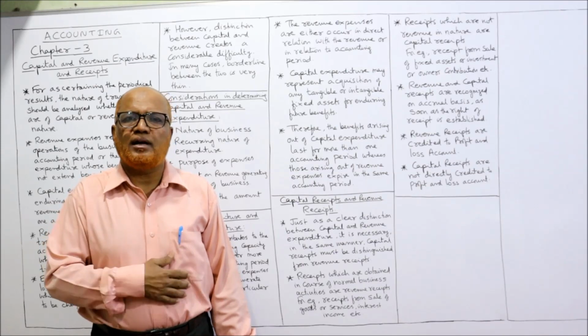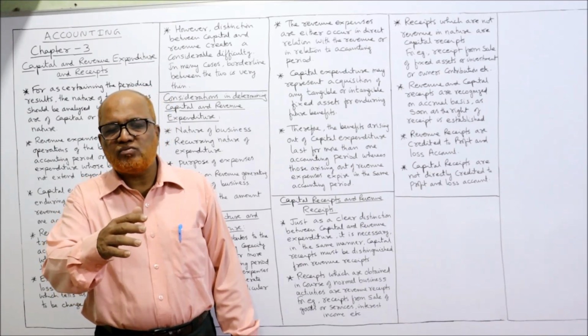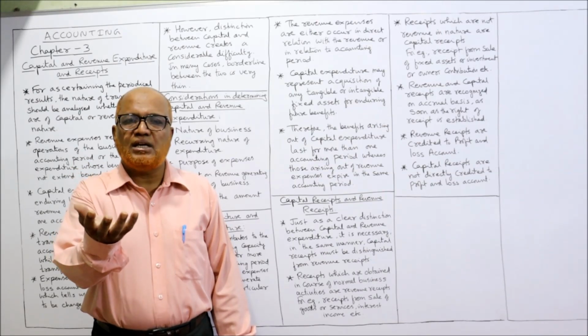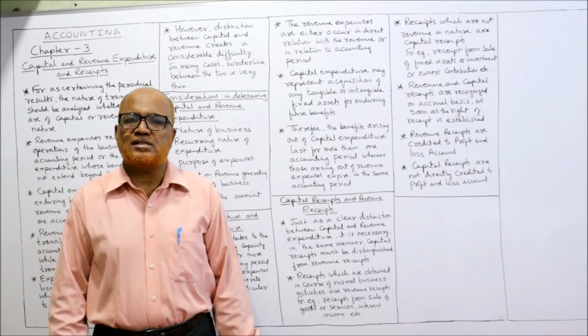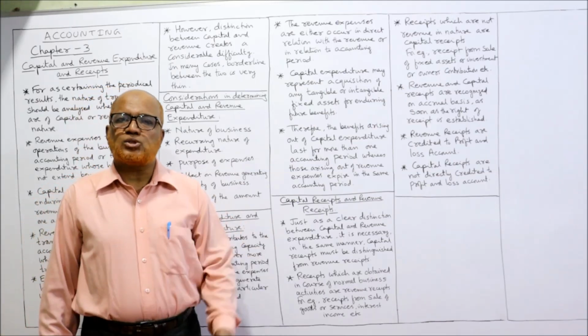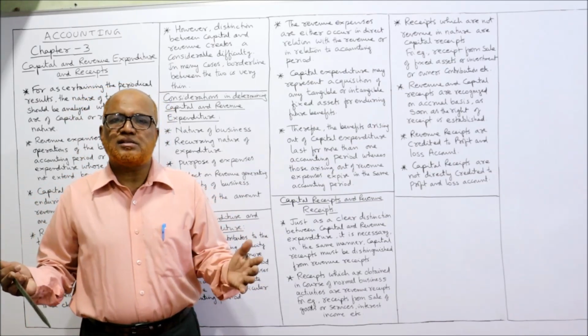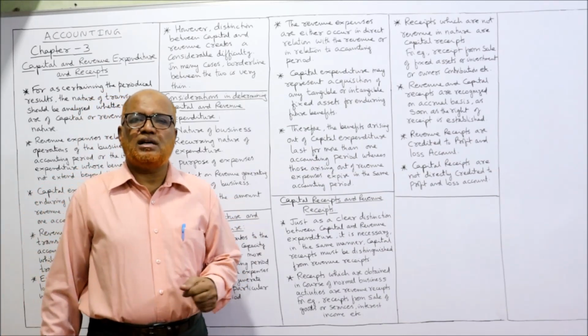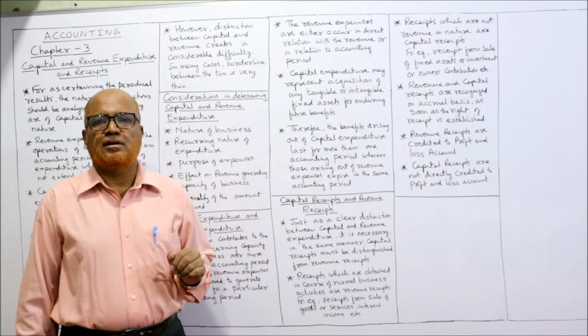It has become outdated. Then the business will sell the fixed asset. So any sale proceeds received from the sale of a fixed asset is a capital receipt. In the same way, investments are sold and money is received. That is a capital receipt.